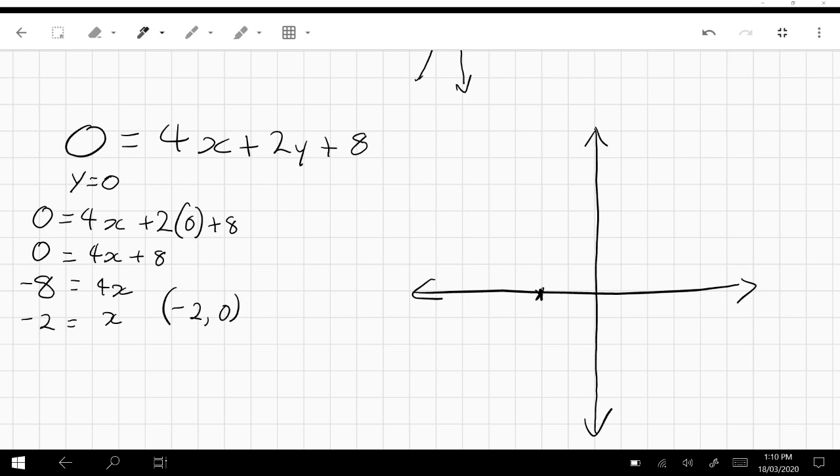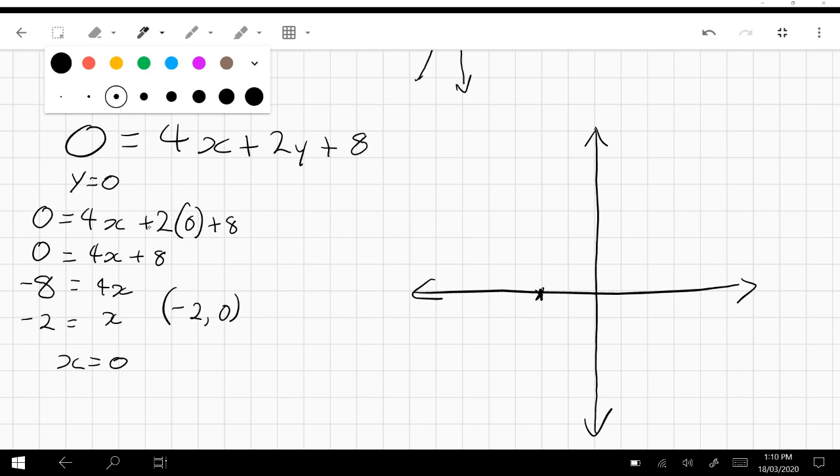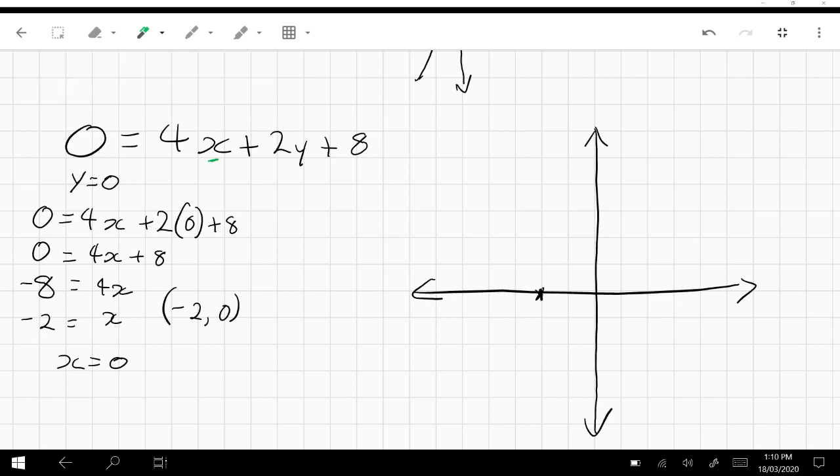So I'm going to do exactly the same thing, and this time make x equal 0. Change my pen color. So if x equals 0, I'm going to substitute the x into the equation.